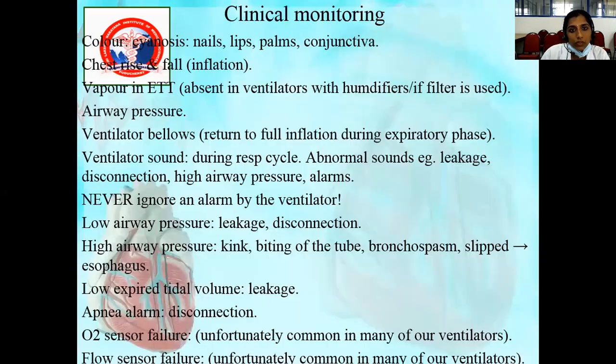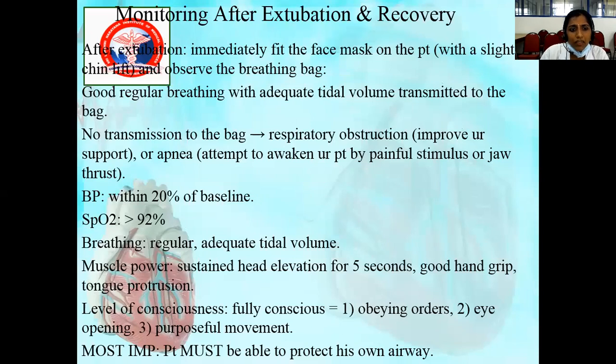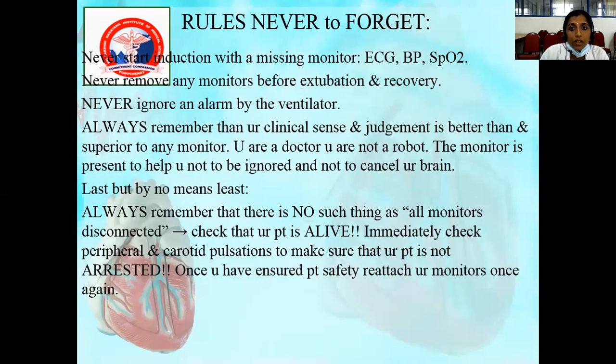So these were the basic monitoring. After extubation, we have discussed. The rules never to forget, in concise, are: never start or induce a case with a missing monitor. The important ones being ECG, NIBP, SpO2, and now also temperature. Never remove any monitor before extubation and recovery.